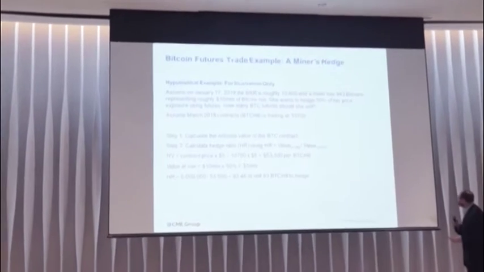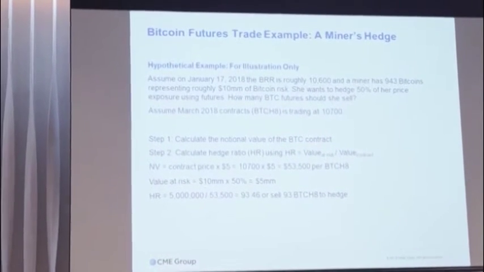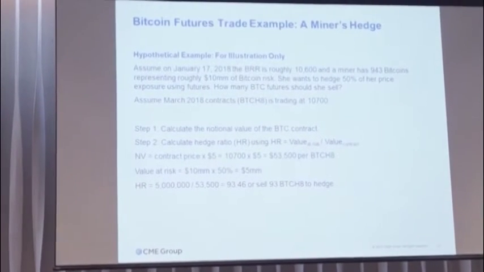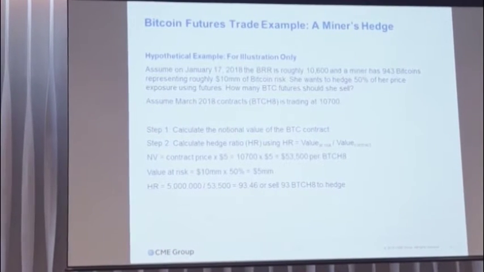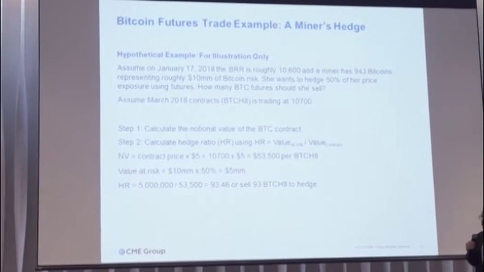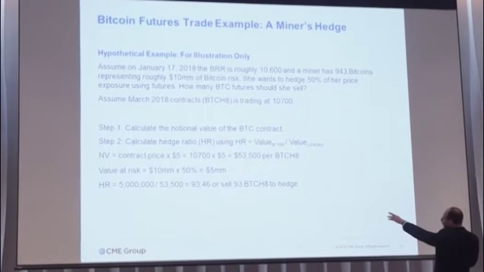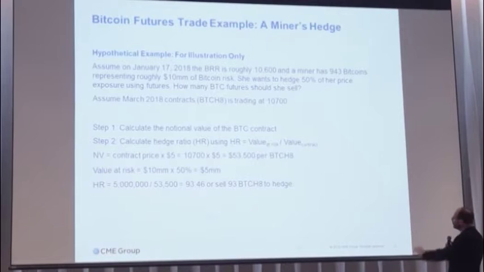In this case, the notional value would be $10,700 on the futures contract times the $5 multiplier, or $53,500 per contract. I'm going to take that number versus my $10 million risk exposure, which I want to hedge half of, or $5 million, and divide my notional value of the futures contract into that to arrive at the number of contracts that I want to sell.